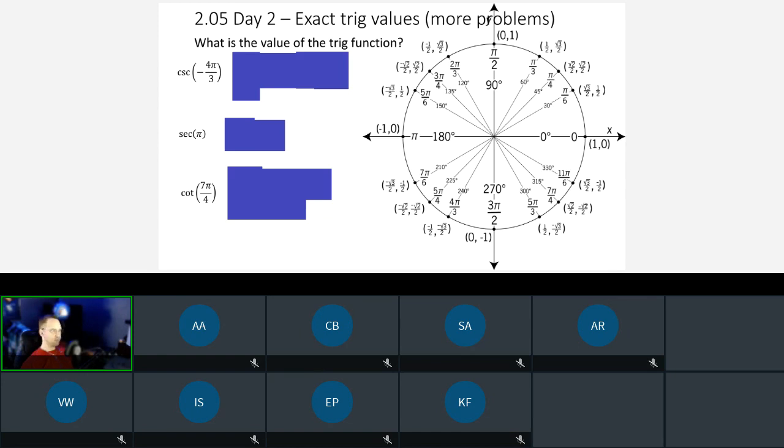All right. So rather than the fundamental trig functions, we have cosecant, secant, and cotangent. Cosecant is 1 divided by sine. So it's 1 over y. So again, cosecant is 1 over sine, so it's 1 over the y value.